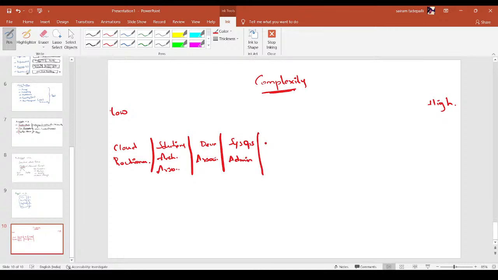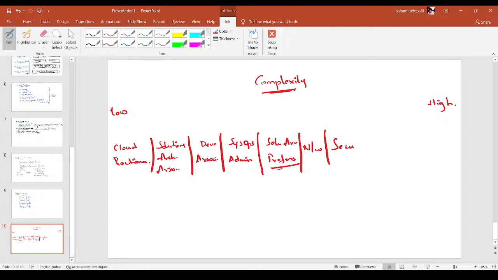Next, solutions architect, professional is the next one. Next, networking. Next, security. You may think that after professional there is a DevOps.